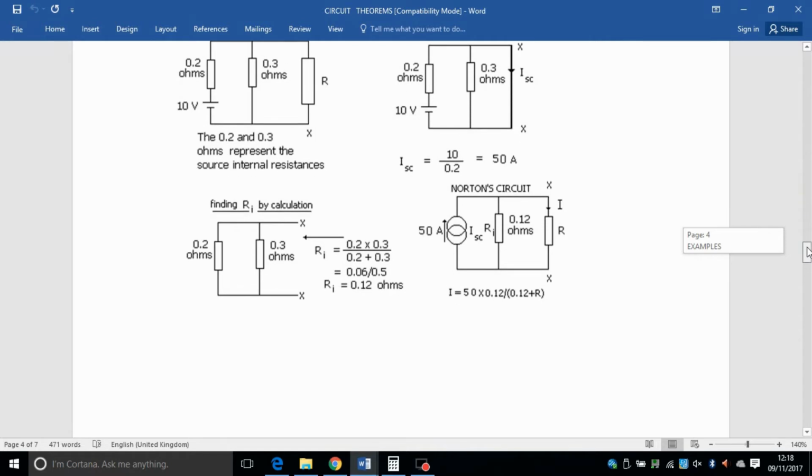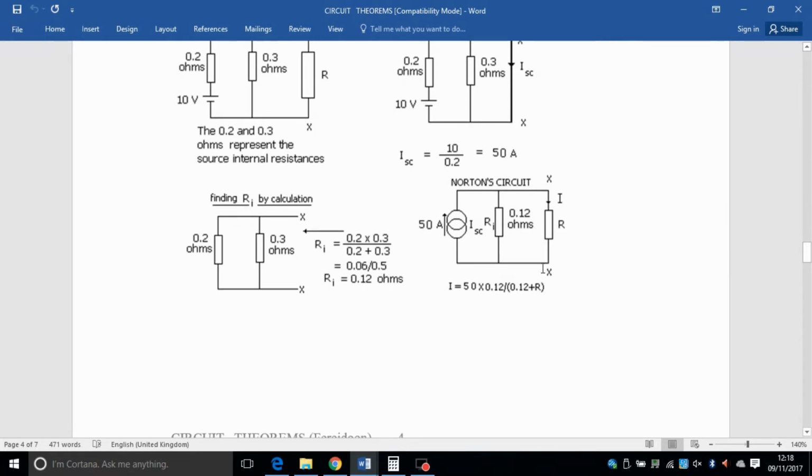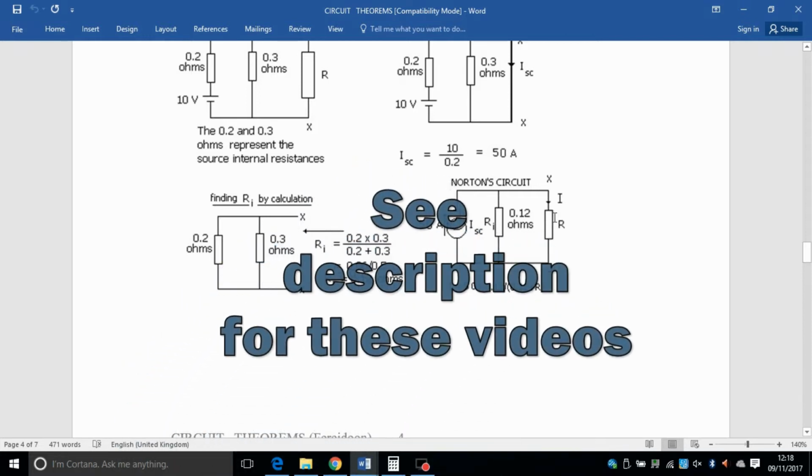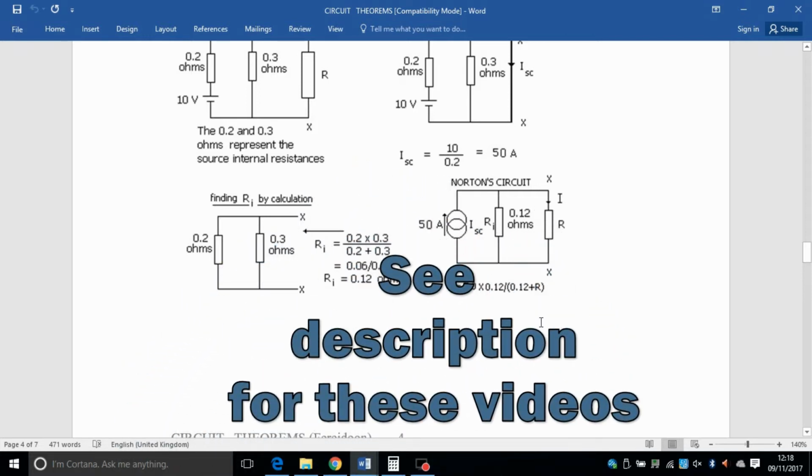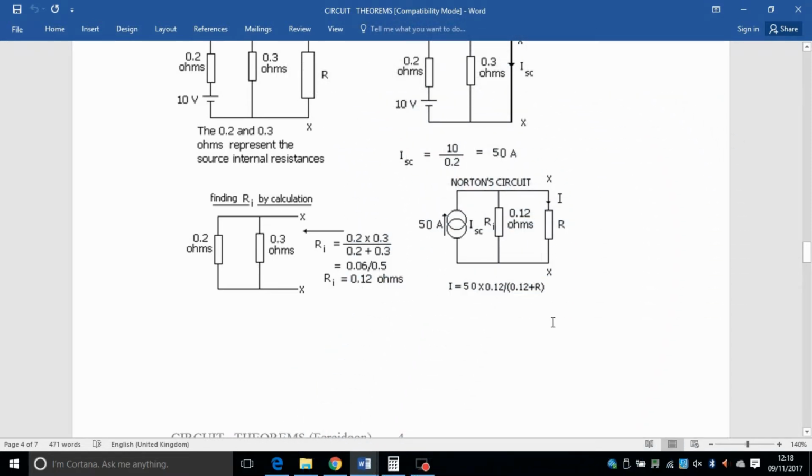If you haven't watched that video about finding the current in two branches of a circuit with two resistors in parallel, you can watch that, and it will show you where this formula comes from. But you don't have to stick to this formula. You can find your own way, using just Ohm's law and Kirchhoff's laws to find the current here.